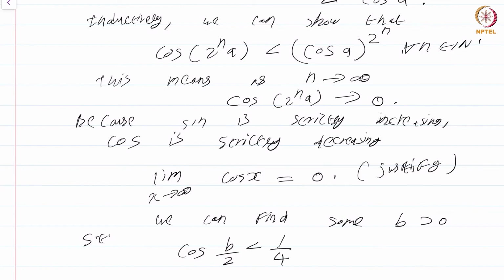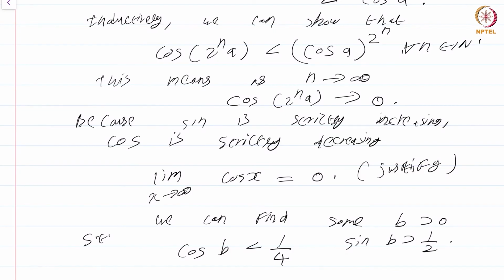Okay, and because of that, we can find some b greater than 0 such that cos b is less than 1 by 4, and it's clear that whenever cos b is less than 1 by 4, sin b definitely has to be greater than half. In fact, you can get a better bound, but that's all I need. Sin b is definitely going to be greater than half.